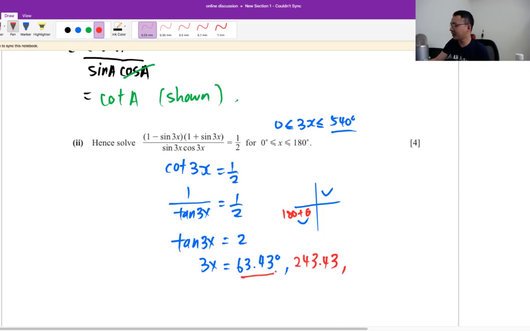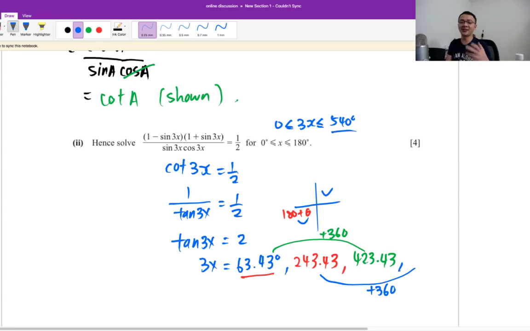Then the next thing is very easy. The first angle here, you plus 360. So 63.43, you plus 360 here. You get the next angle, which is 423.43. And then the next thing you do is this angle, you plus 360 also. Because you want to find the angle in the second round and third round and keep on going until you get up to 540.